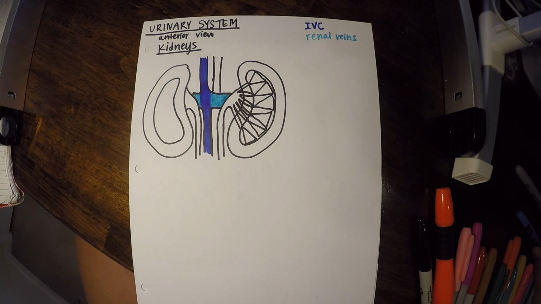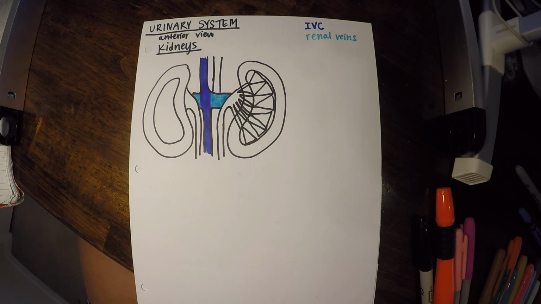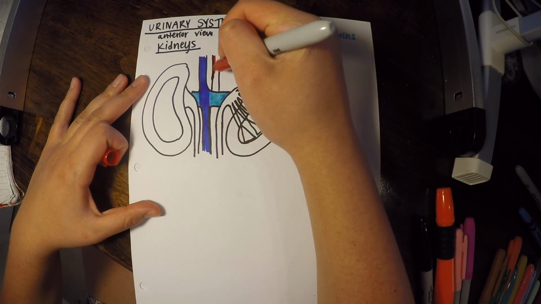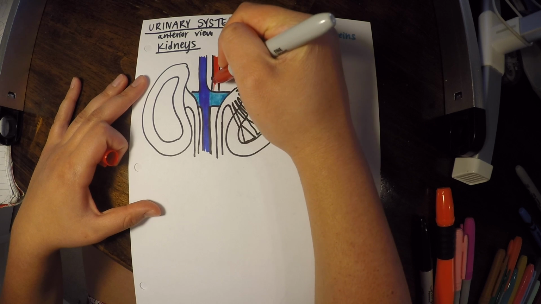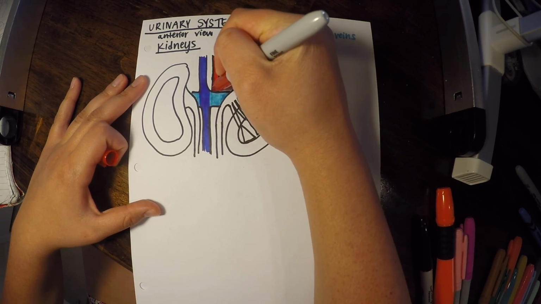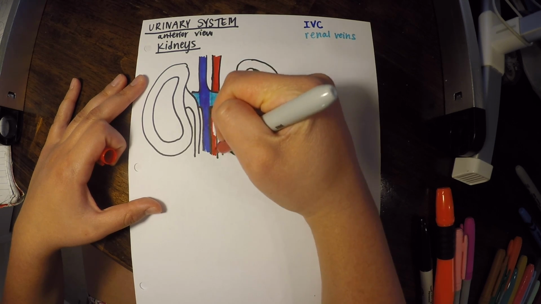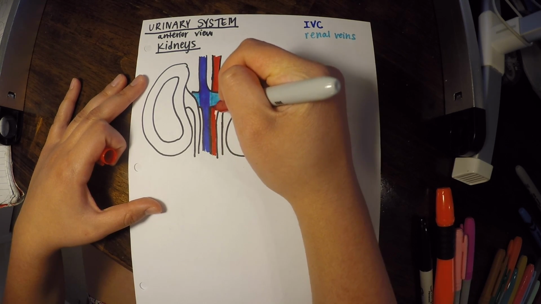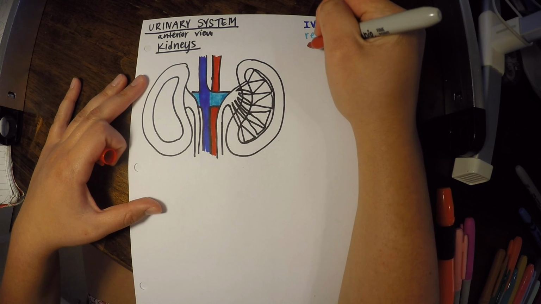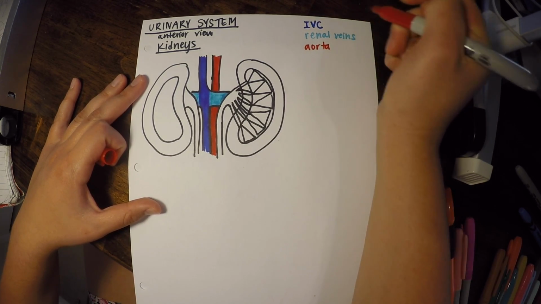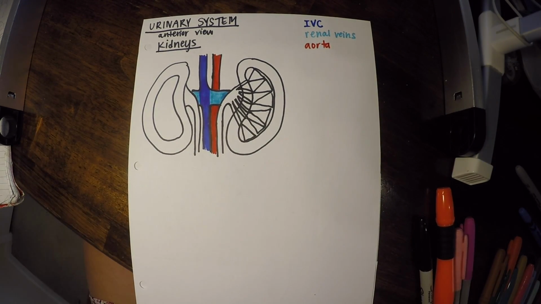Now we're also going to have the aorta right here. And then the only bummer is that the renal arteries are going to be a little bit overlapping the veins right here.